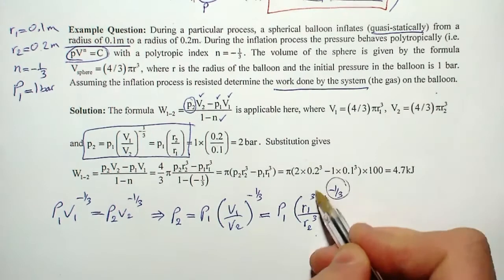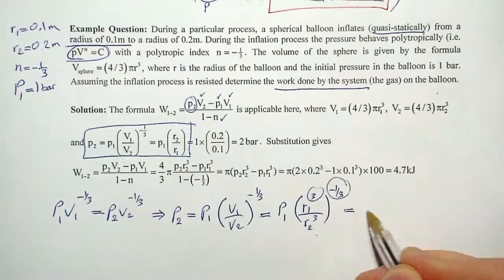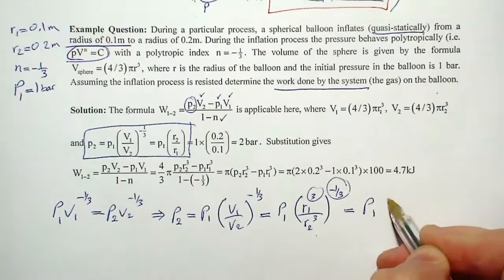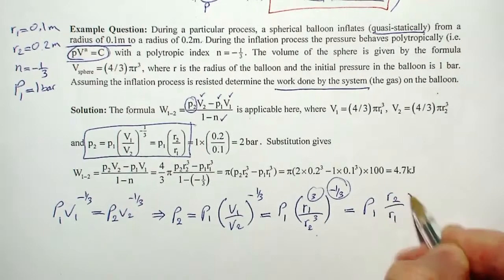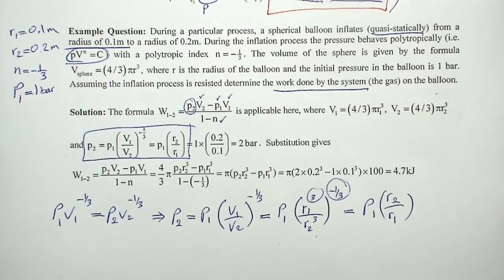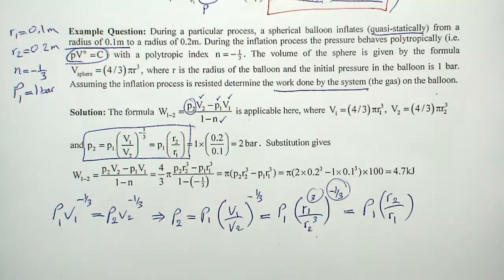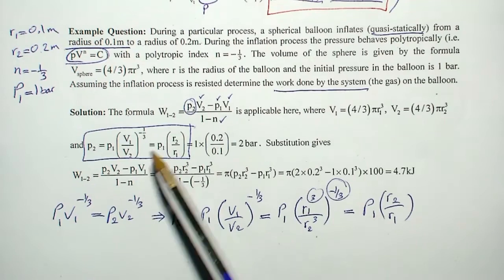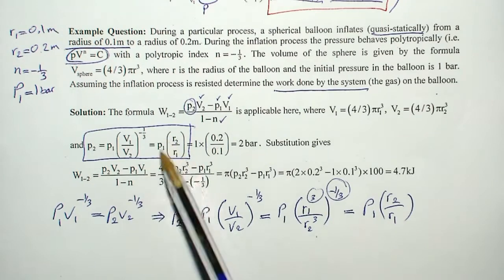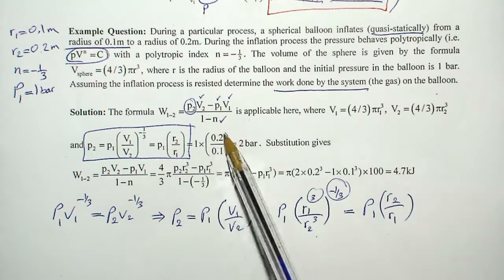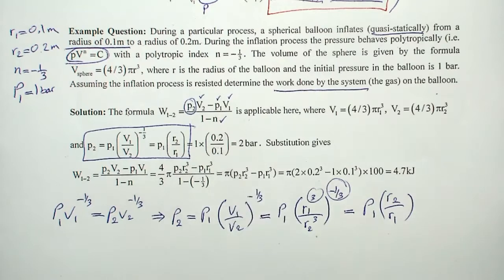And, of course, you can simplify this even further, and that is P1 times R2 over R1. I've inverted this fraction because I've got a negative power here. And that's how you get that simple equation. All you need to do now is to insert P1, which is 1, and 0.2 and 0.1 for the radii, and you get 2 bar as P2.